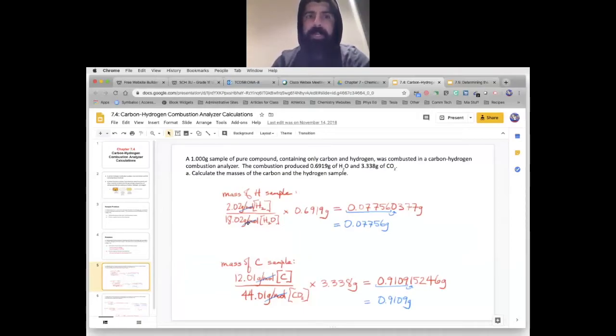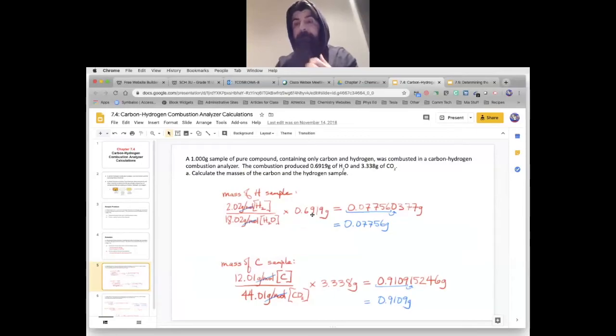Okay, now in the water sample, we collected this much water. We collected 0.6919 grams of water. Of that water, if we find the percentage of this mass that is made up of hydrogen, we could figure out how much of this mass is in fact made up of hydrogen.